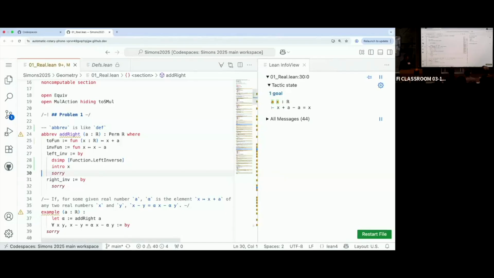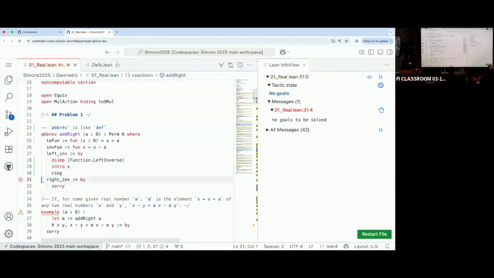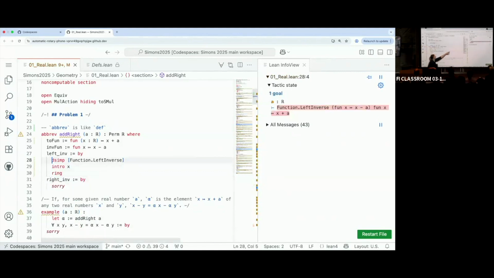And if I type ring here, it establishes to its satisfaction that x plus a minus a equals x. And why didn't you have to introduce a? It already knows about a from back here. So already at the start of the problem, we're given this a that's available, and that comes from the setup of the whole task. Okay, so see if you can fill in the right inverse proof.